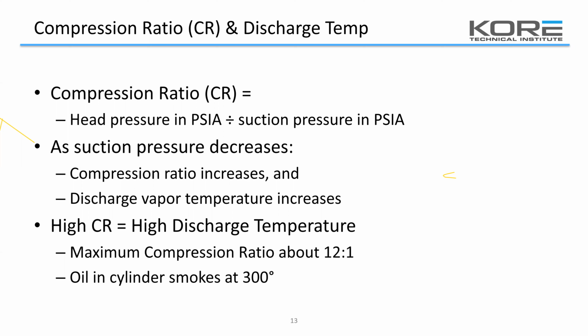The maximum compression ratio you're ever going to really see or want to see is 12 to 1. Depending on what type of oil your system has, oil will start to smoke or burn at around 300 degrees Fahrenheit. And that is not a good scenario you want to start producing inside of the cylinder head.